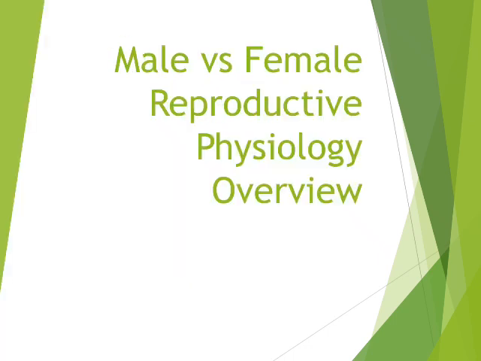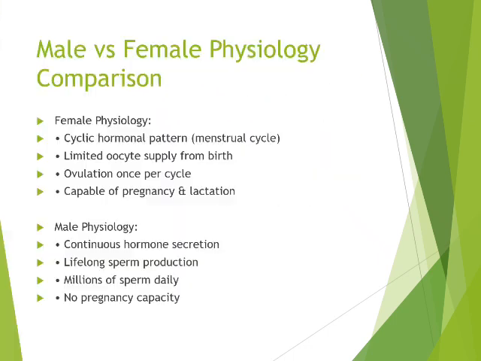Male versus female reproductive physiology. The female physiology is characterized by a cyclic hormonal pattern, the menstrual cycle, and a limited oocyte supply from birth. So after menopause, the female will not have an oocyte store.